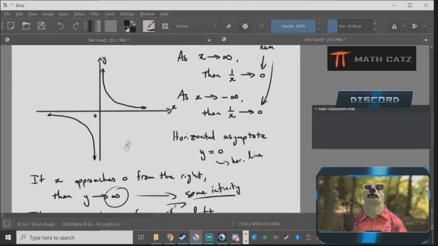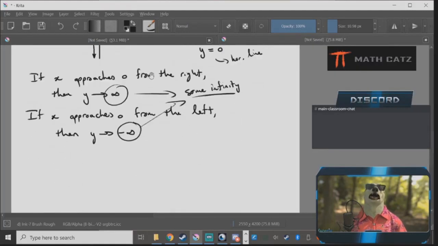When that happens, the graph wants to become a vertical straight line, the line that sits right on the y-axis in this case. The closer I get to 0, the more the graph behaves like that line. So we're going to call that line a vertical asymptote.